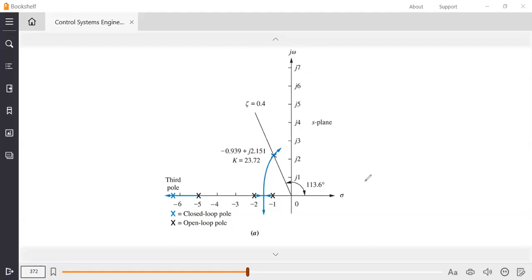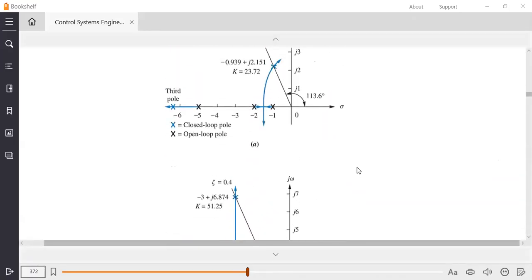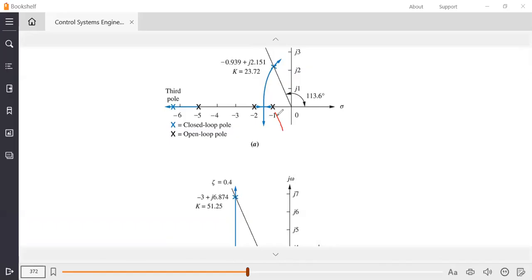In this segment, they have given 4 examples. As you have seen here, we have 3 poles: 1 pole at -1, the original system at -2, and one at -5.